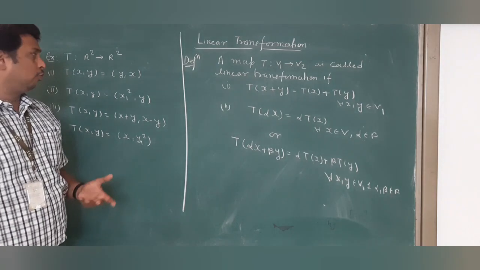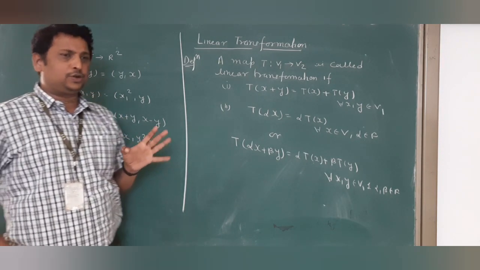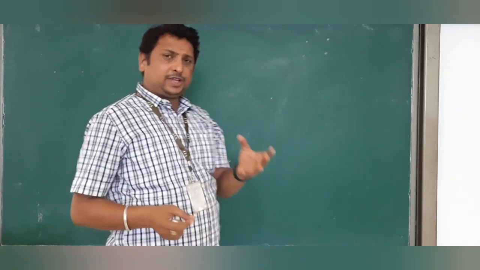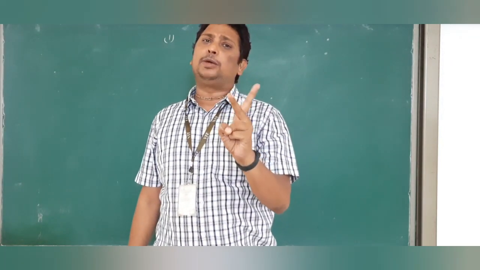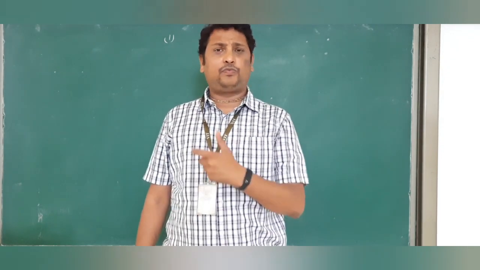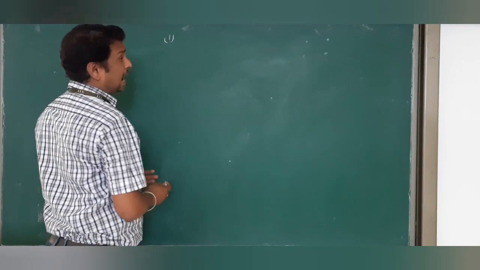But how can we prove this is linear and this is not? So I will do it. First one. So what is the procedure? The procedure is very simple. Take any two elements of V1 and alpha and beta in the field. So here V1 is R square.